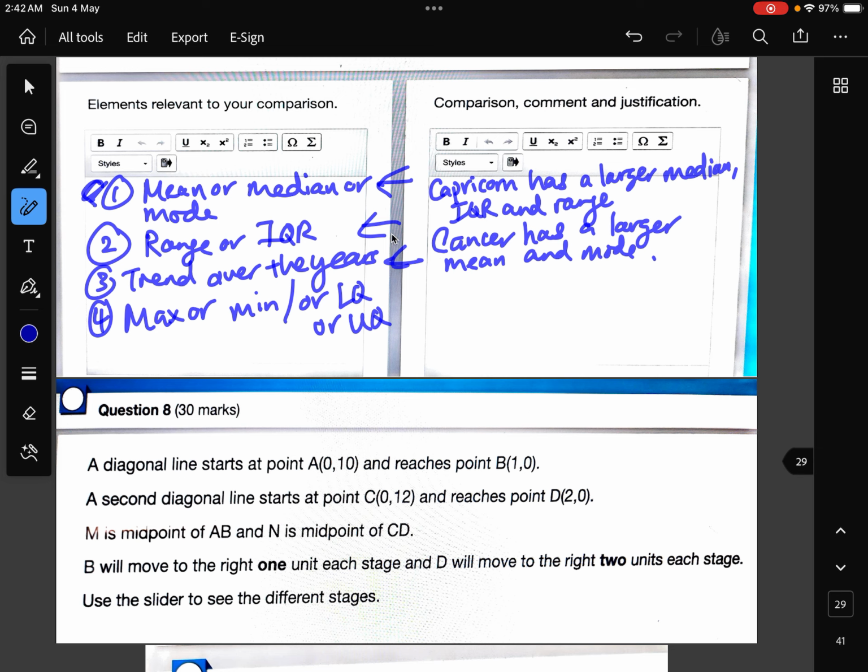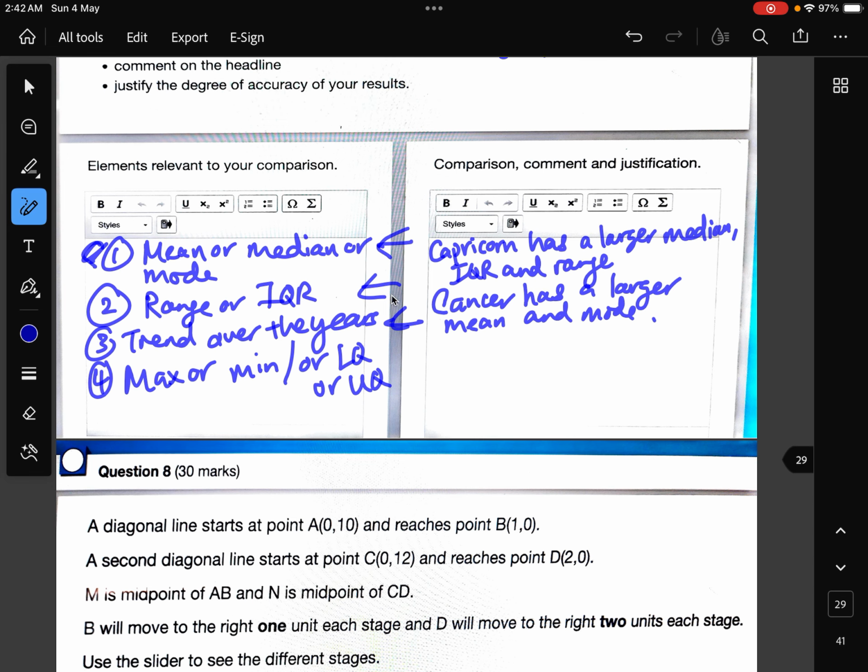Okay, but if you want to get the full points for making any comparative calculations for this one, I think it is important for you to look at, because I'm looking really quickly at the mark scheme, that you are supposed to compare the mean and also compare one from the range and one from the mode or the median as well.